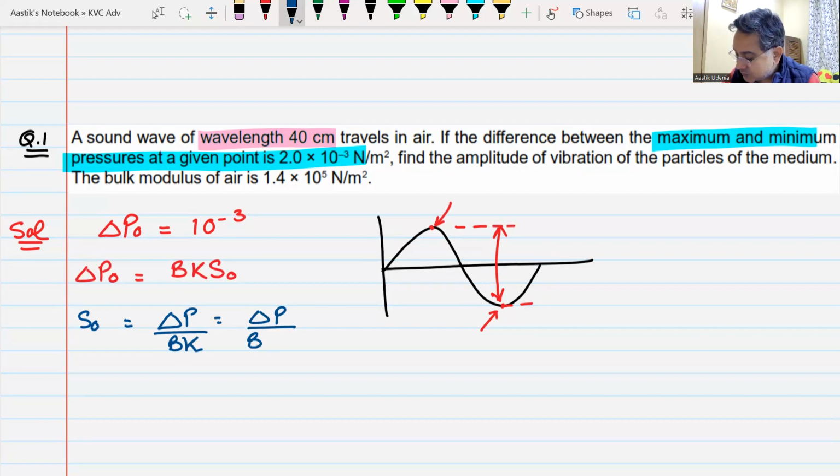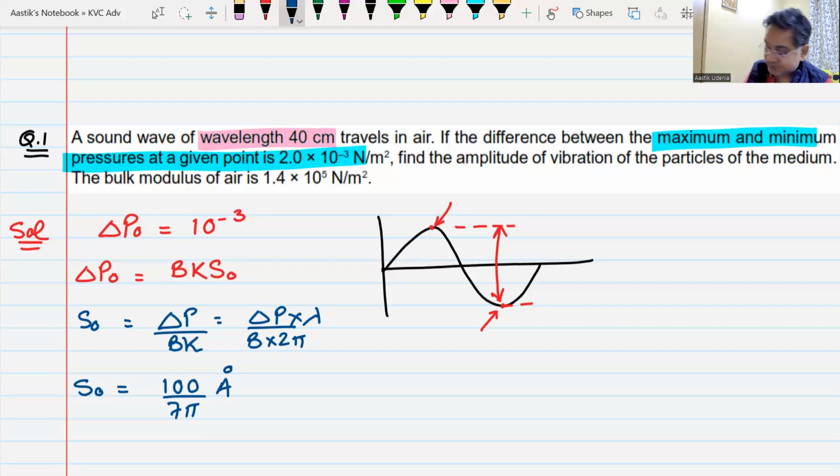So B into 2 pi multiplied by lambda. If you put them correctly with the correct values, the answer that I have is 100 by 7 pi Angstrom units, 10 raised to the power minus 10.